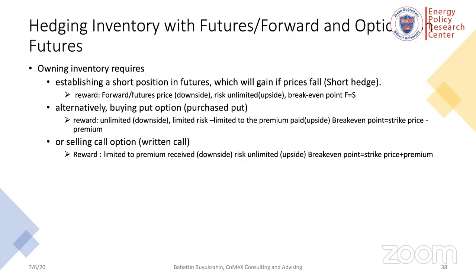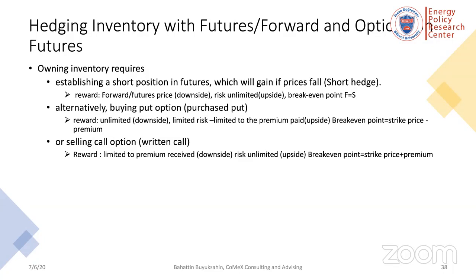You are guaranteed to sell your oil at $41, whatever the price turns out to be in December. This is actually your obligation, unless you close out your position earlier. If prices fall to zero, you are still able to sell your oil at $41.